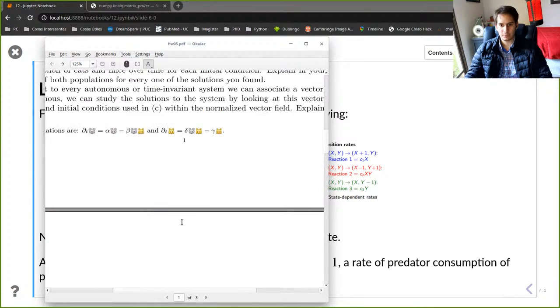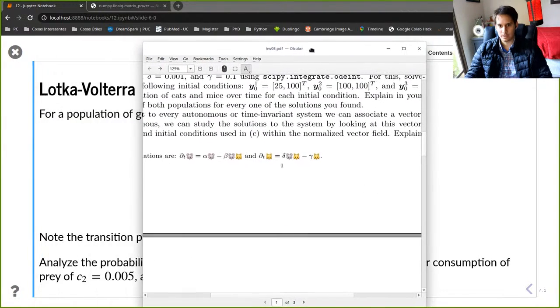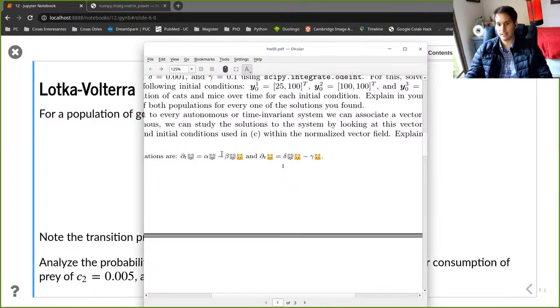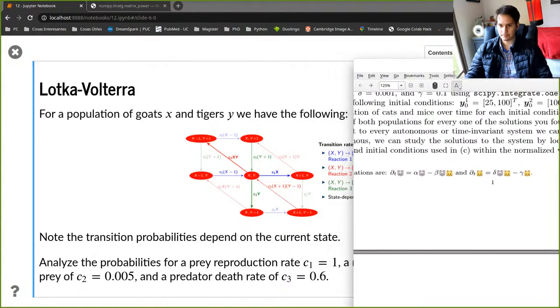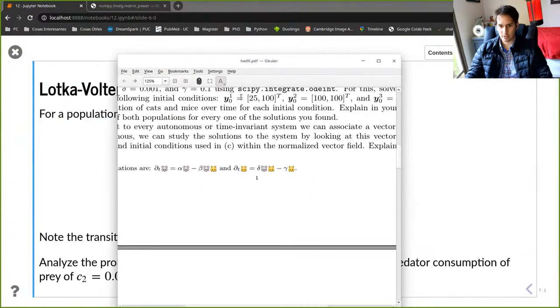Or let's show better the equations because it's more clear. And we had the rate of change of the prey and the predators depended on those terms here. Now we can also model that as a Markov chain, because I already told you that basically we had 4 terms.